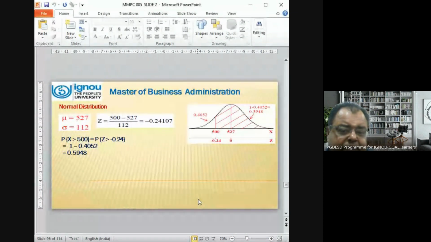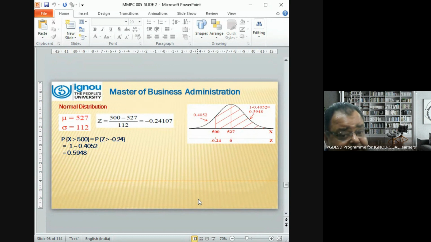This is how a normal distribution problem is solved. Mu is given to you, sigma is given to you. You have to calculate at 500. 500 minus 527 divided by 112. This comes out to be negative 0.24107. Probability has to be x greater than 500. So it will be z greater than minus 0.24. Greater than हो गया तो आपका 1 minus 0.4052.